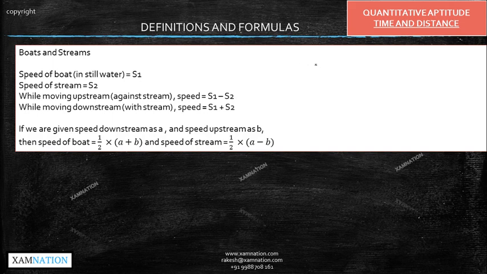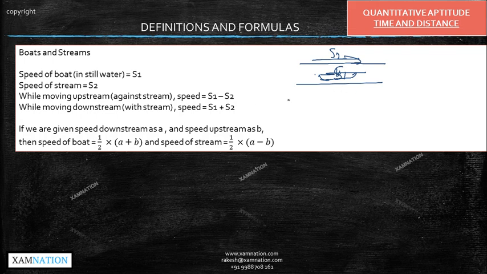We know that a river has a certain flow direction. Let's say there's a boat moving in the river. When this boat has a speed of, let's say, s1, and the river has a speed of s2, and both of them are moving in the same direction, that means the boat is moving downstream.